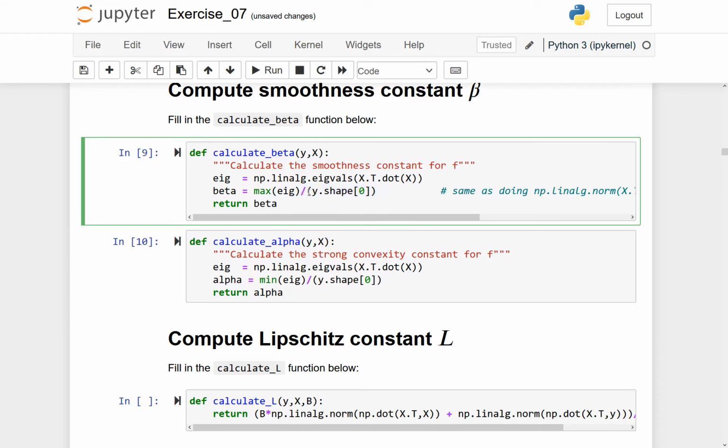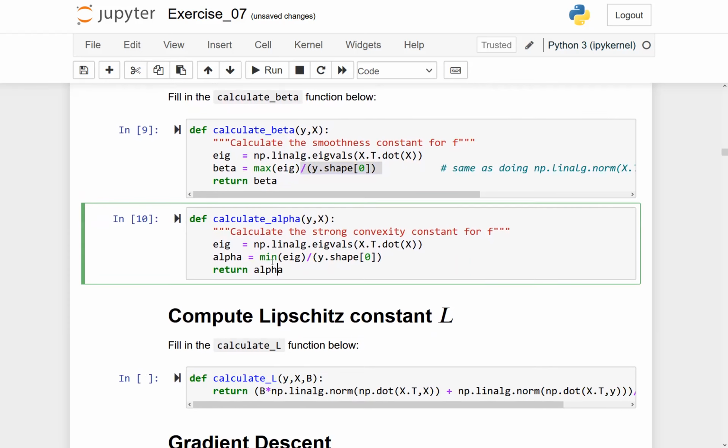So Y shape 0 gives you the big N. And for the alpha, for the strong convexity, quite intuitively, you have the minimum eigenvalue of the same matrix, and you still divide by the number N.